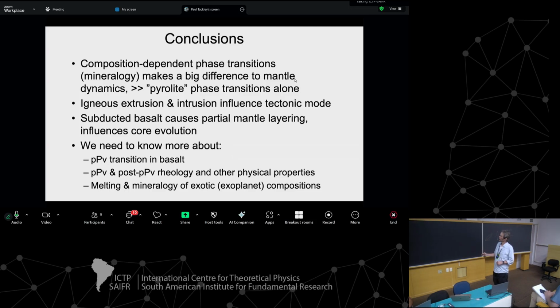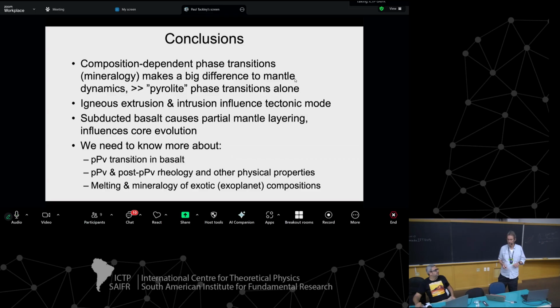Things for the mineral physicists to calculate would be to check exactly when the post-perovskite transition occurs in basalt, referring to the latest Stixrude database, and check the rheology of post-perovskite and other physical properties, and check the melting of these exotic planetary compositions.